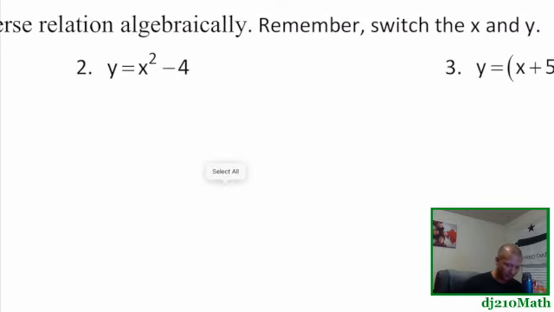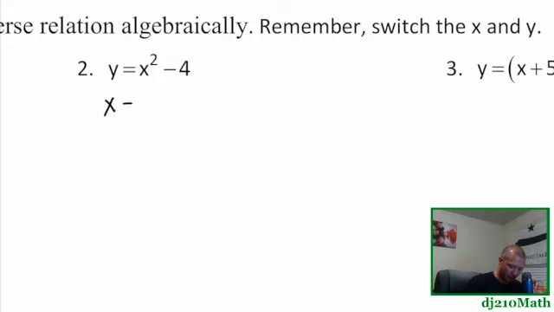So step 1, again, we swap x and y. Isolating y, so add 4 to both sides. So x plus 4 is equal to y squared.